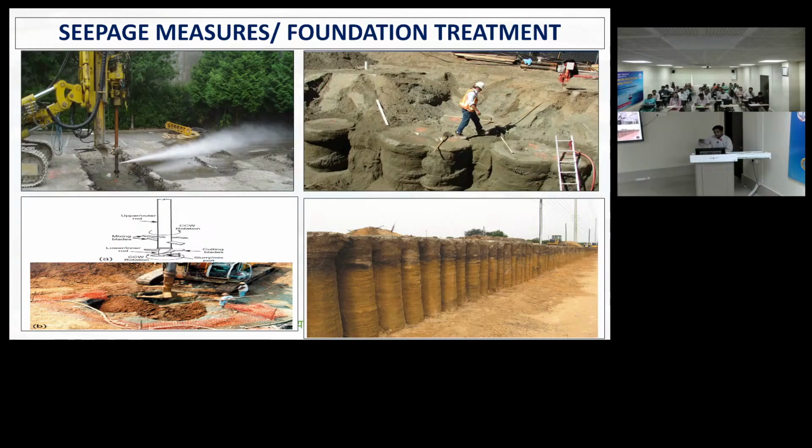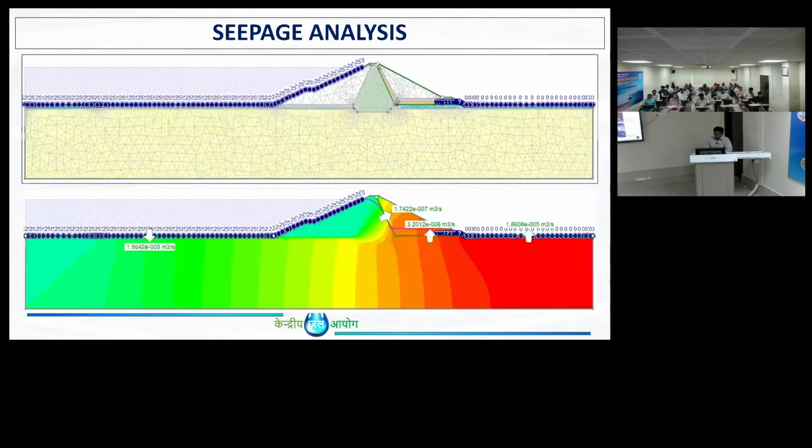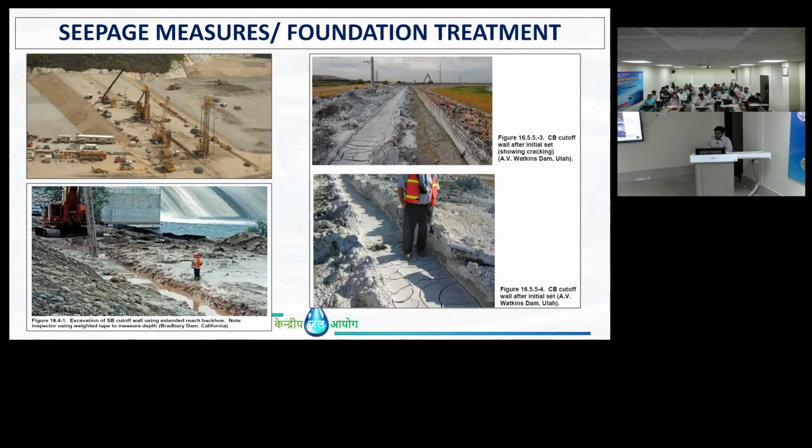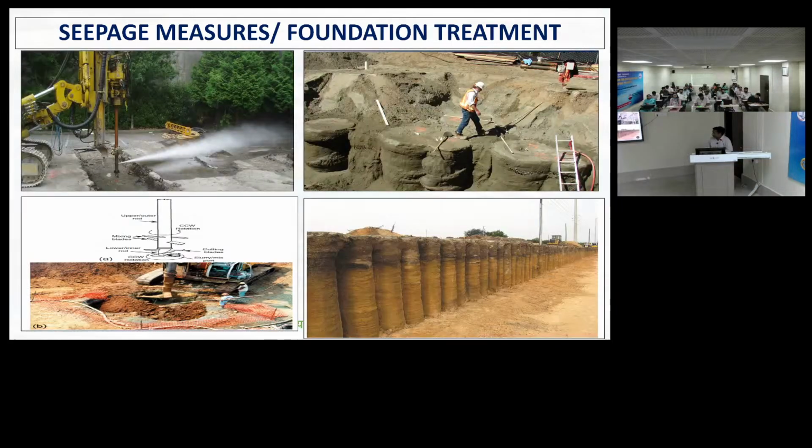So that's how you have to select the type of treatment. First you have to do the seepage analysis like this and estimate the seepage. If the seepage is within the limits, there is no requirement of any treatment, but if you have to completely protect against seepage, then you have to do either diaphragm walls, jet grouting or soil columns.